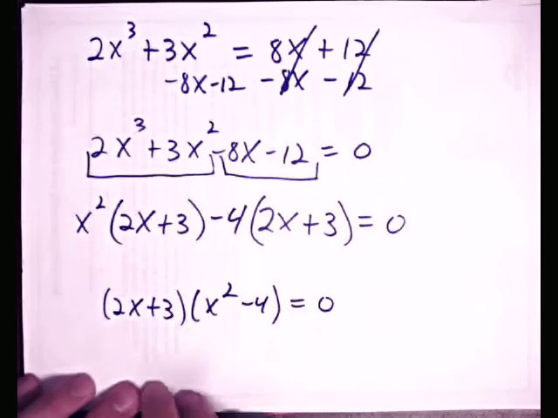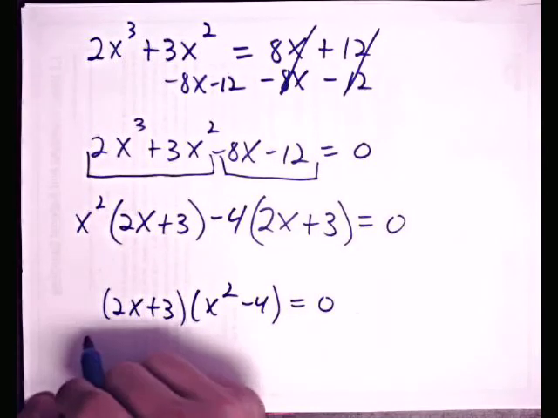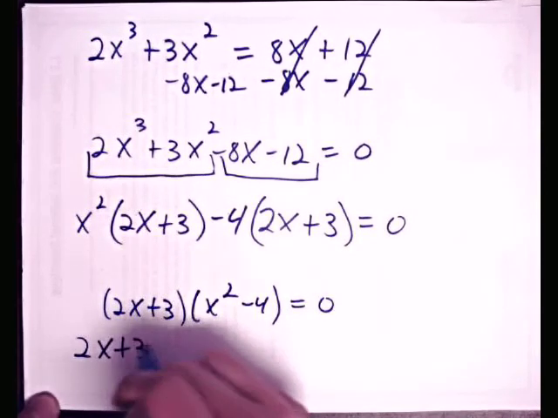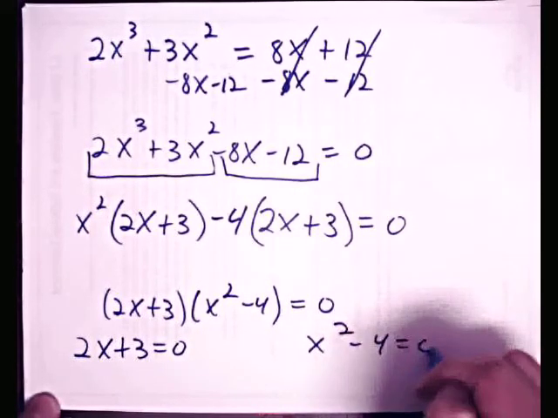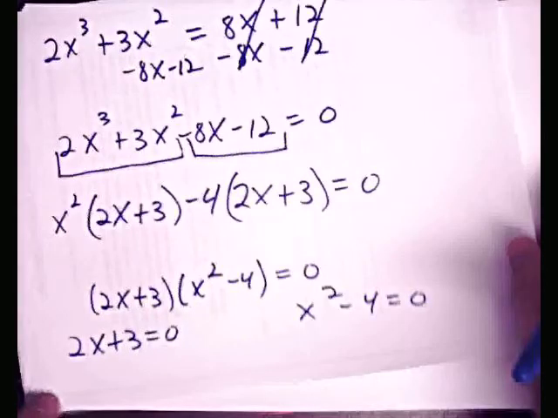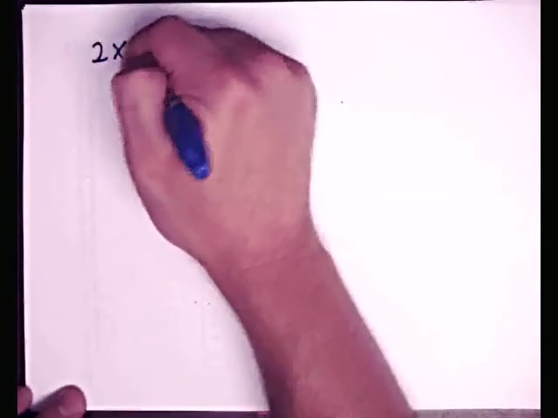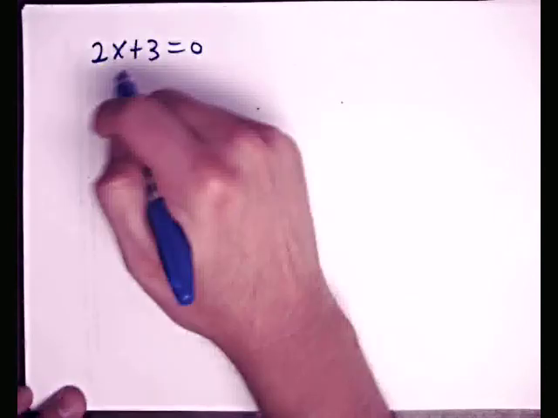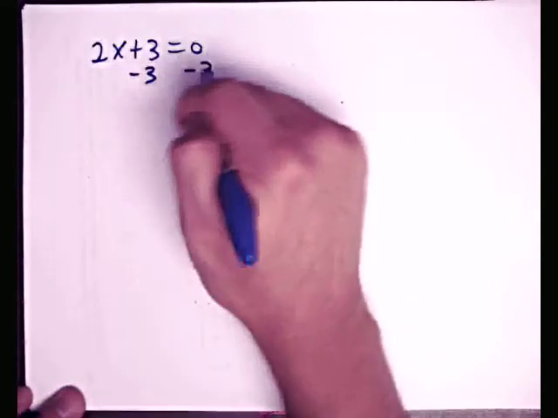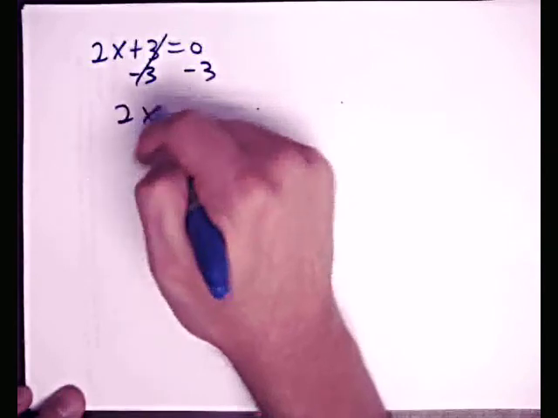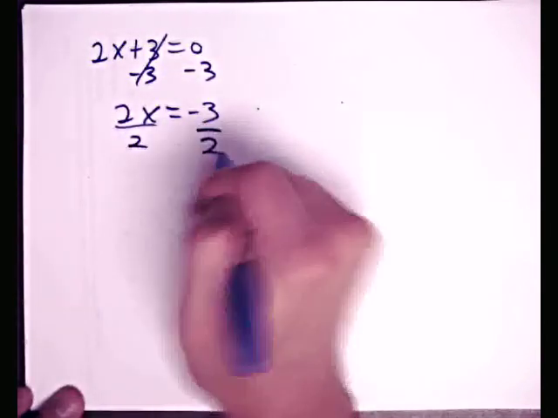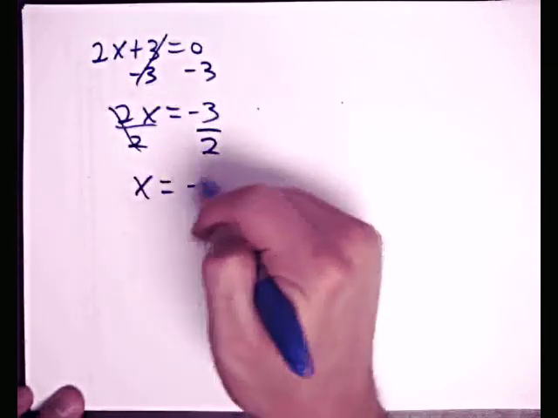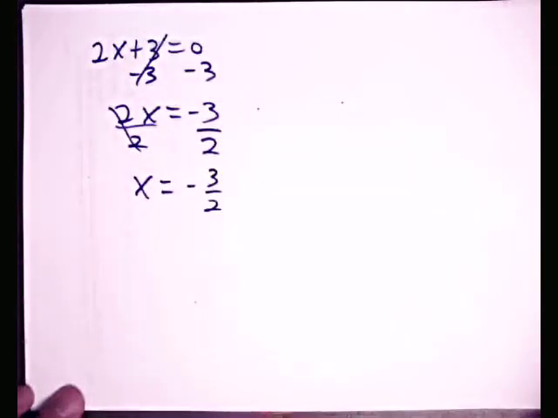Now that we have factored, we can use the zero product property to say 2x plus 3 equals 0 and x squared minus 4 equals 0. Solving both of those, for 2x plus 3 equals 0, we would subtract 3. 2x equals negative 3. Divide by 2. x equals negative 3 halves.